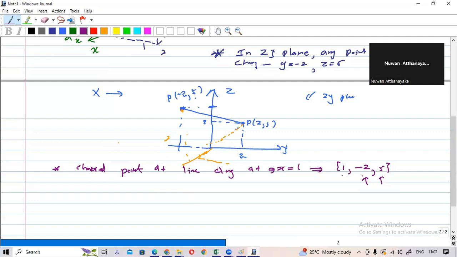You choose that point when the x coordinate is equal to 1.